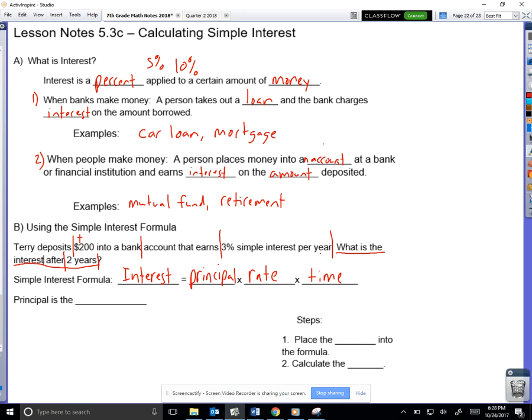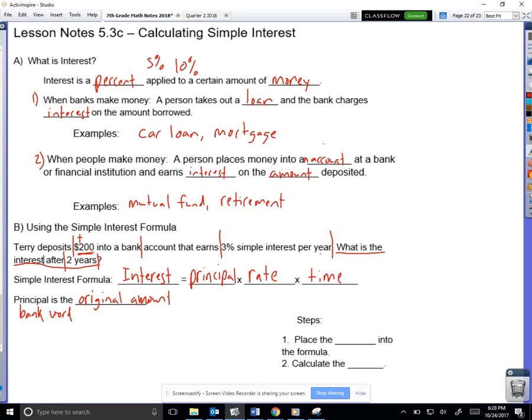Principal is just a bank word. It's a word that banks use. Principal is just the original amount, that's all it is. So our original amount here is what Terry put into the bank, the $200.